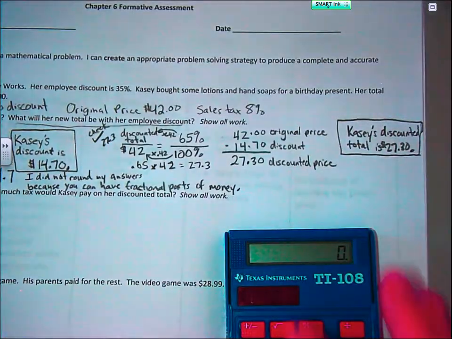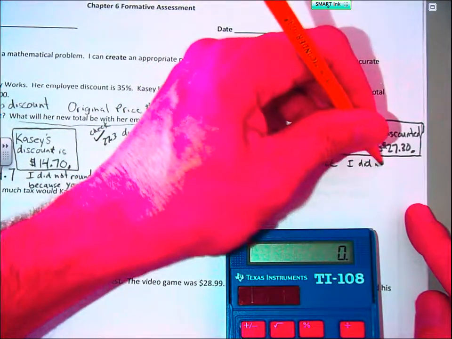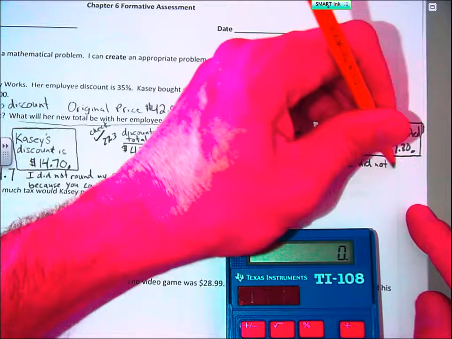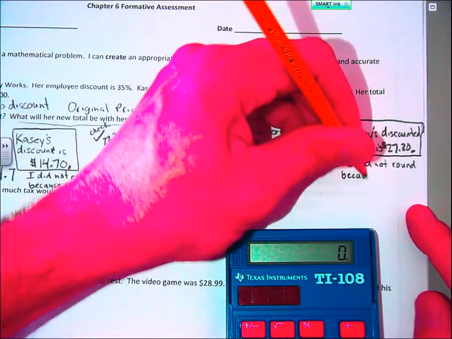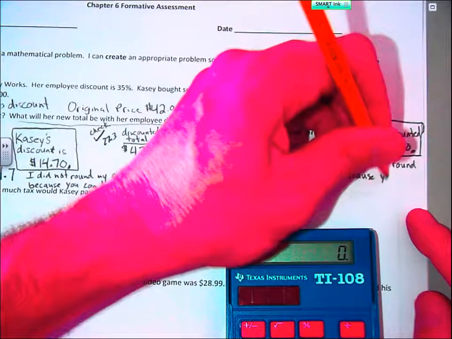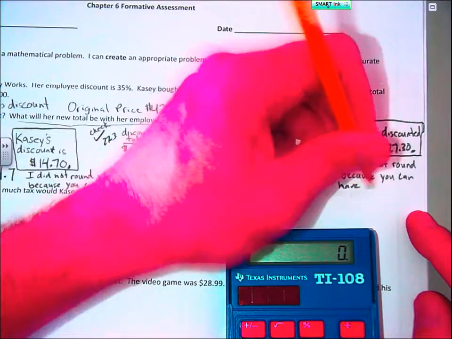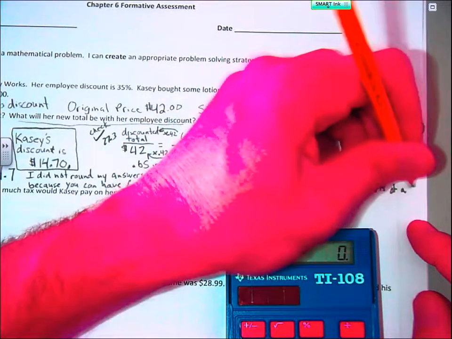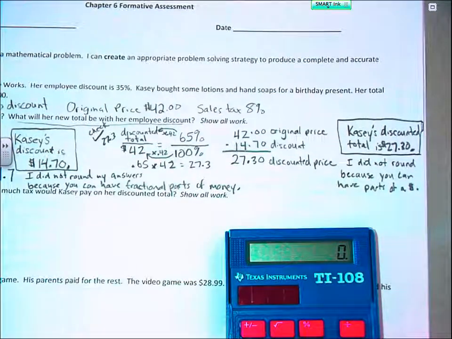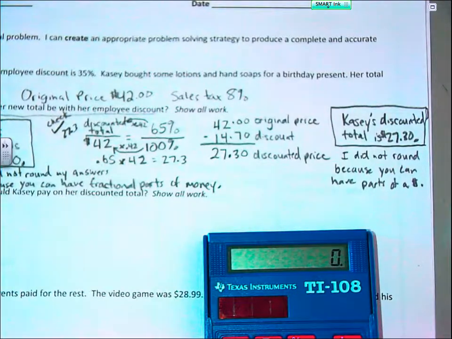Then I would write down, I did not round, because you can have parts of a dollar. Okay. So, I believe I've done everything for the first part, for part A.